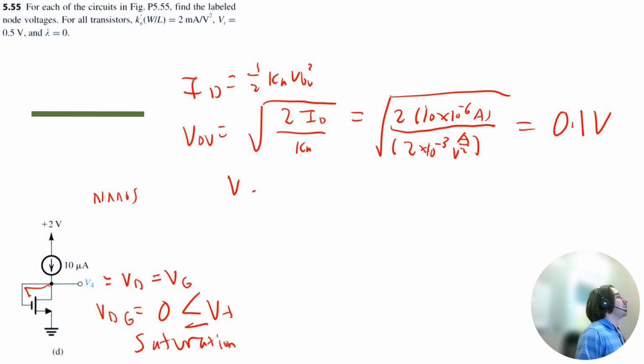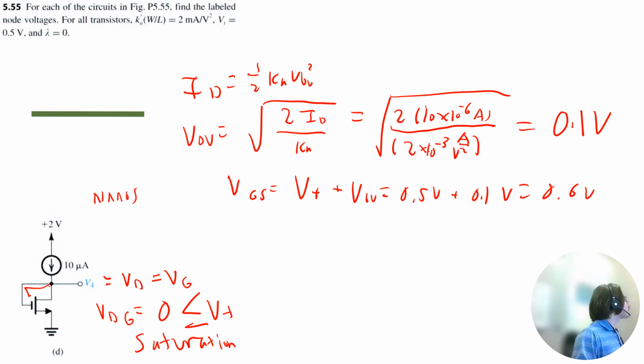And that means that VGS is equal to the threshold voltage plus the overdrive voltage. So that's equal to 0.5 volts plus 0.1 volts, which is 0.6 volts.